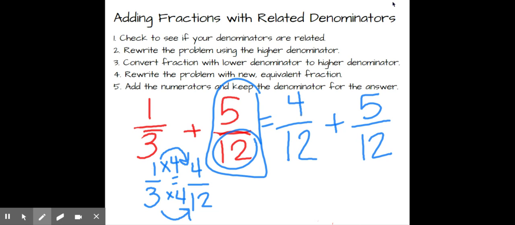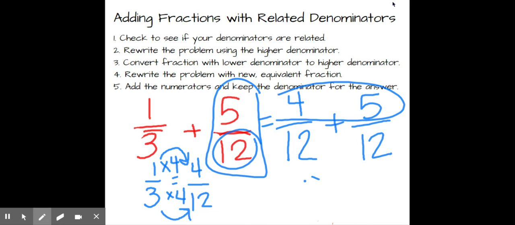Okay, so I have converted the fraction with the lower denominator to the higher denominator. That means I've converted 1/3 to 4 twelfths. Okay, so I have rewritten the problem with the new equivalent fraction, and now I'm going to add the numerators and keep the denominator for the answer.